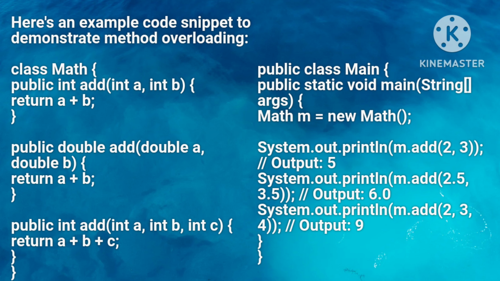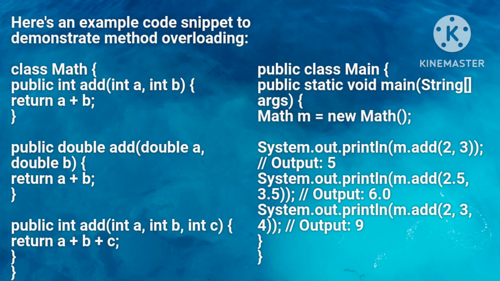Here's an example code snippet to demonstrate method overloading. Class Math. Public int add, int a, int b. Return a plus b. Closing curly bracket. Public double add, double a, double b. Return a plus b. Closing curly bracket. Public int add, int a, int b, int c. Return a plus b plus c. Closing curly bracket. Closing curly bracket. Public class Main.